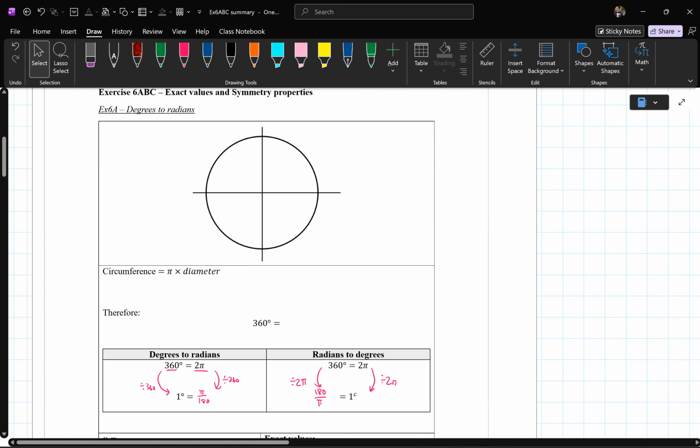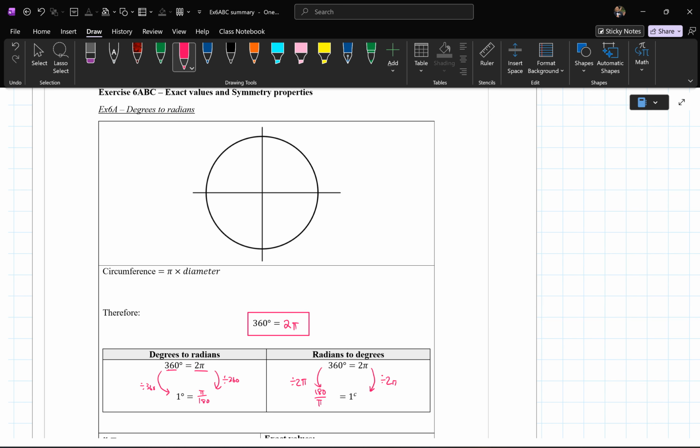Now, let's see if you guys remember or understand why 360 degrees is equivalent to 2 pi. So those who are listening in. Krish, do you know why 2 pi is equivalent to 360 degrees?